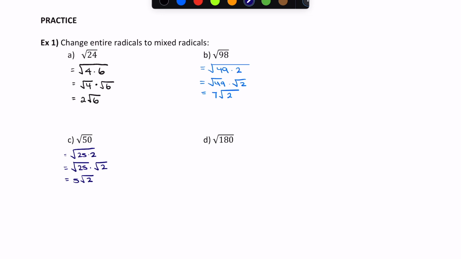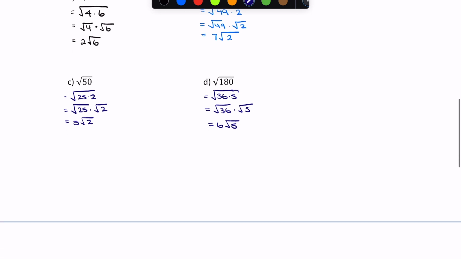And then lastly, 180: if we think about that, we can get 36 times 5. So square root 36 times square root 5 will give us 6 square root 5. Those are a few examples of how to change entire radicals to mixed radicals.